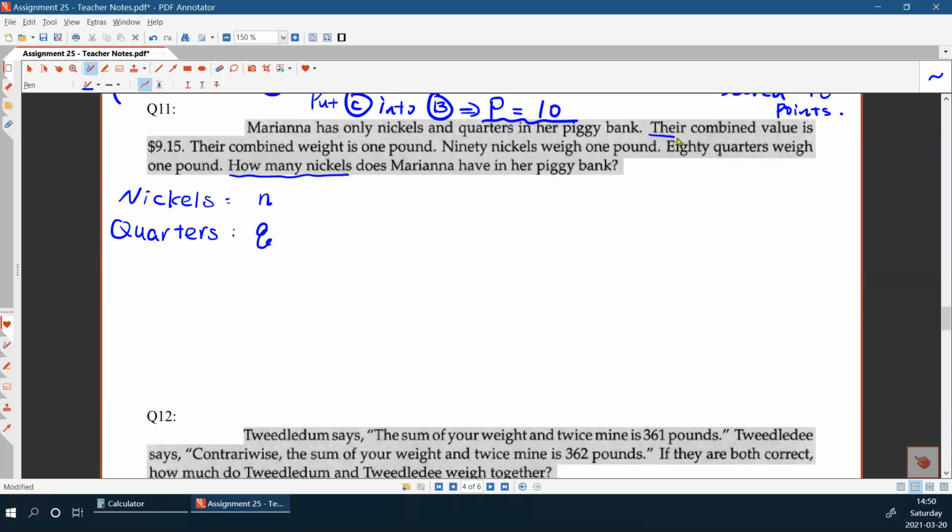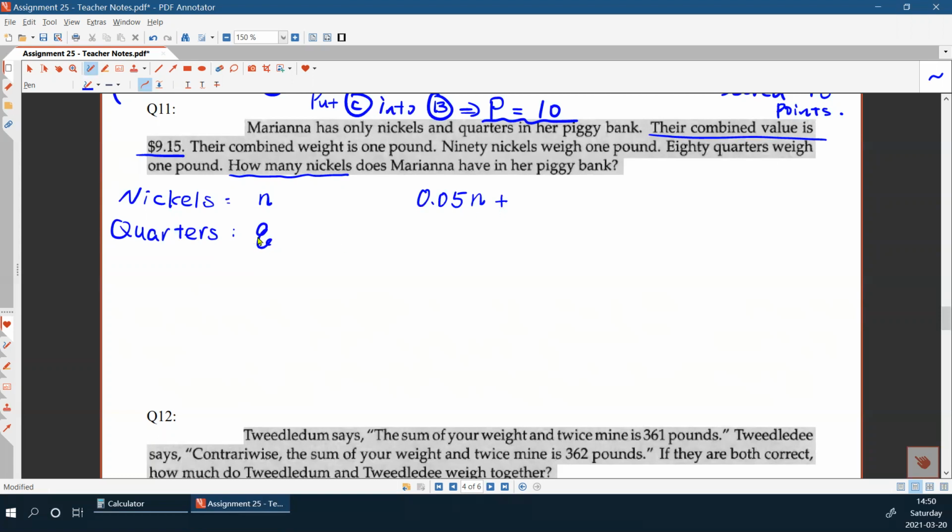First of all, we know that the combined value is 9.15, right? So what is the value of each nickel? Each nickel is worth 0.05 dollars, right? There is a little background information. I hope you know this. So that means for all of the n nickels, their combined value is 0.05n, right?